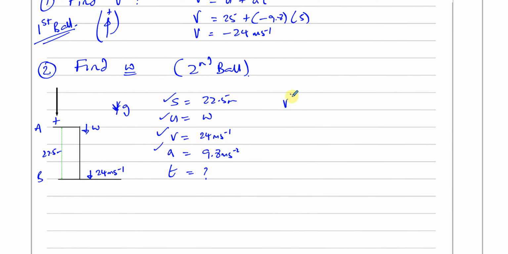So we can use V squared equals U squared plus 2AS. V is 24, so 24 squared equals U squared, which I'm going to call W, so W squared plus 2 times 9.8 times 22.5. That will give us W if we simplify it.